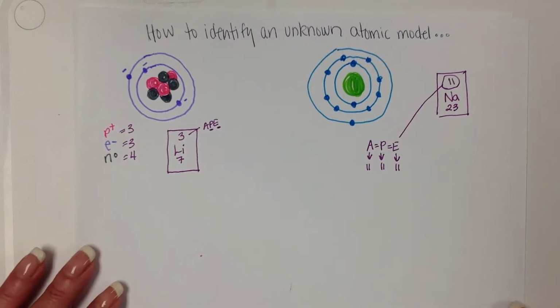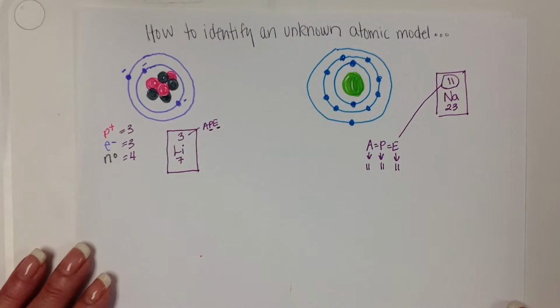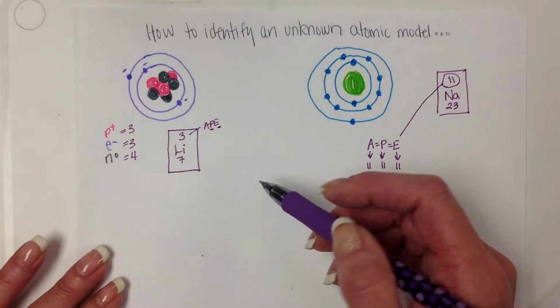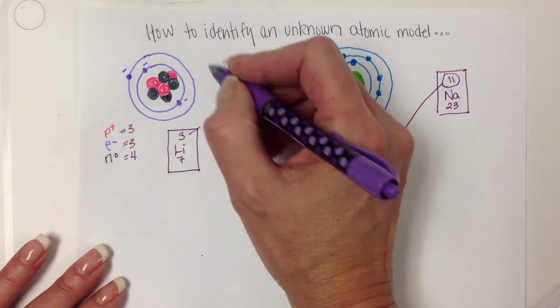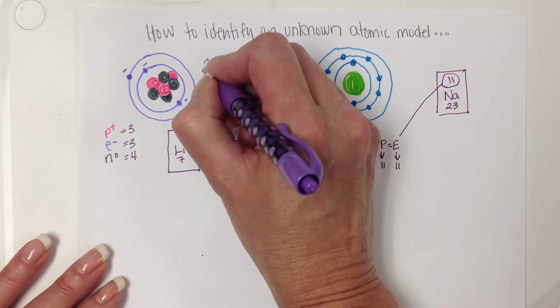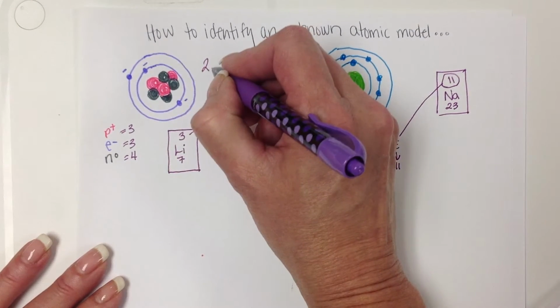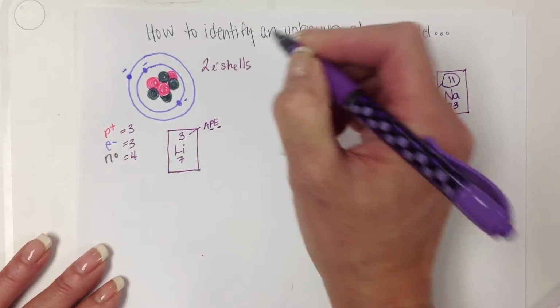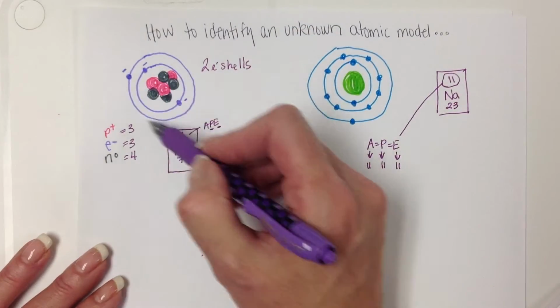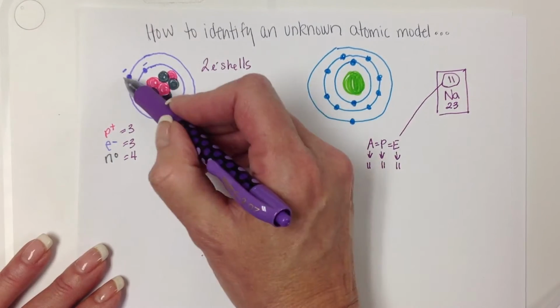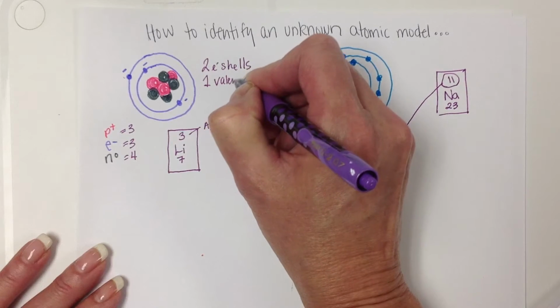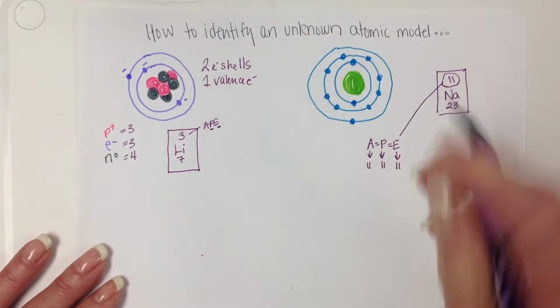Alright, so it really isn't very difficult once you understand how to read the periodic table. There is even an easier way to do it. Let's say in this model you have 2 electron orbits or 2 electron shells, right? And you know that you have 1 outermost electron, meaning you have 1 valence electron.